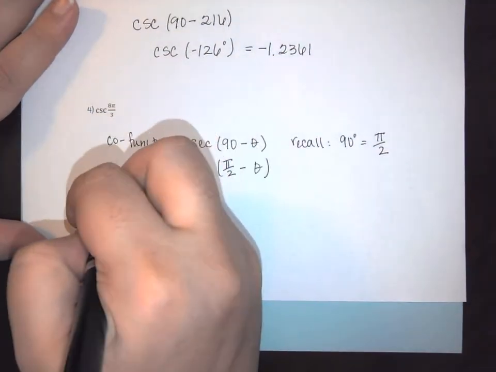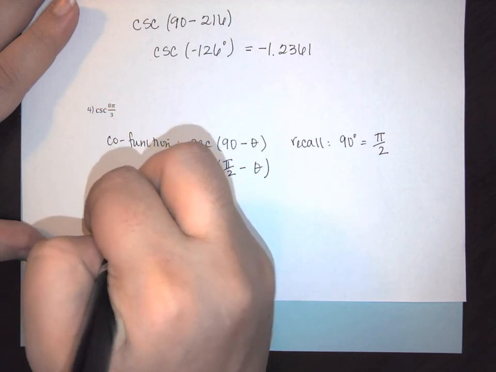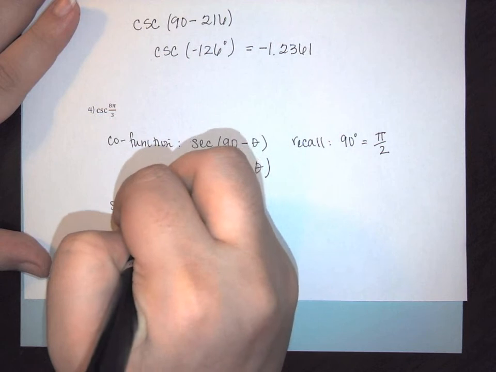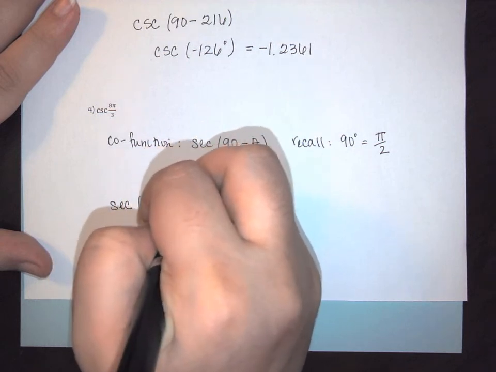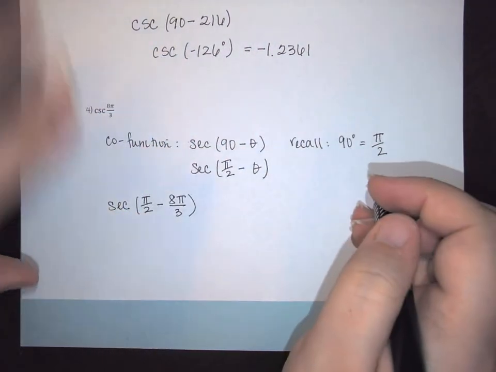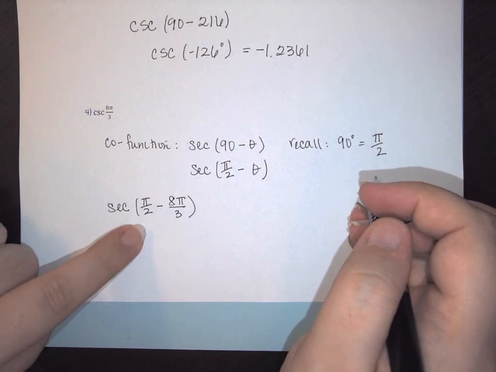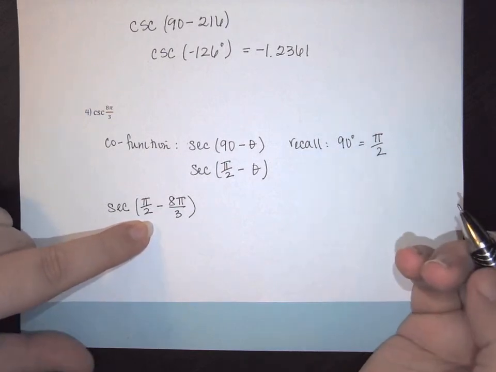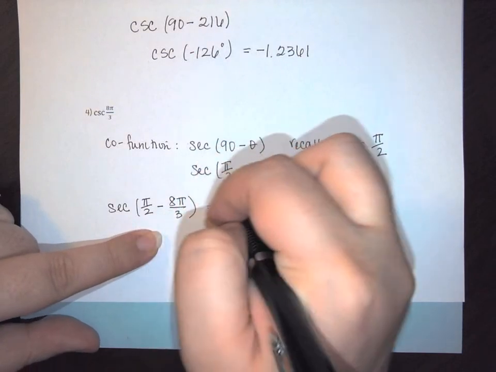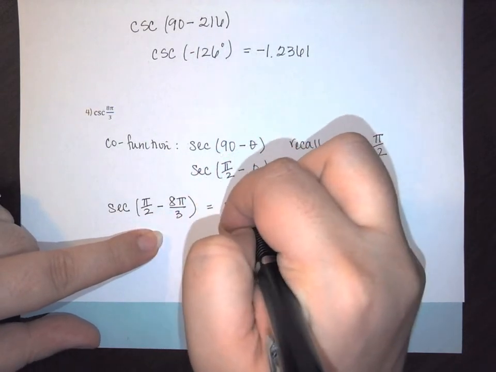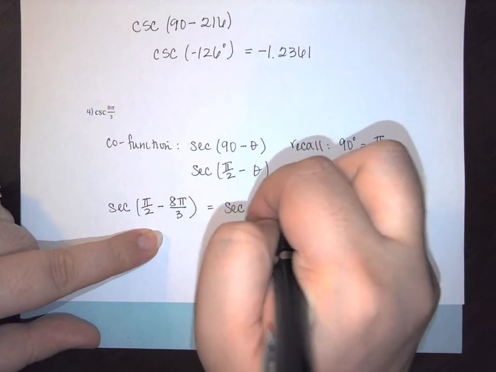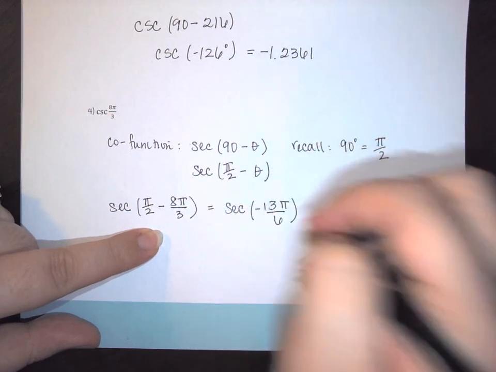Here we've got the secant of pi over 2 minus 8 pi over 3. Again, remember, you need to have a common denominator. Between 2 and 3, your common denominator would be 6. Combining our terms ends up with the secant of -13 pi over 6.